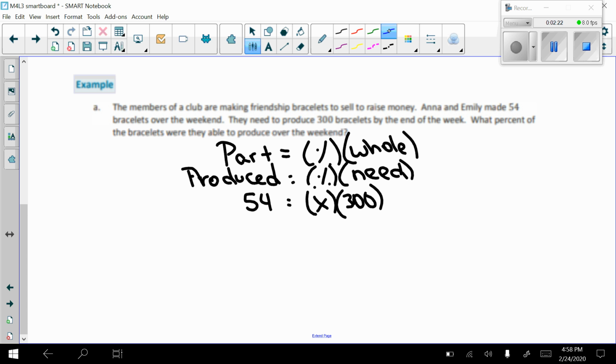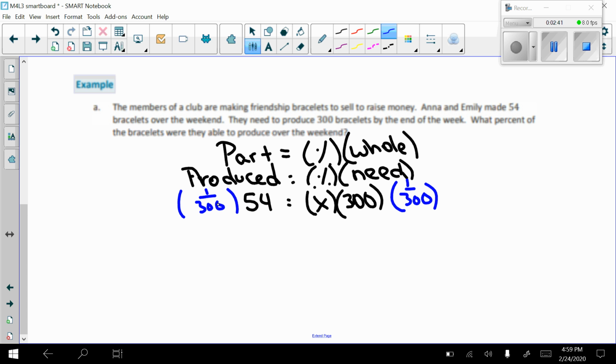Now, just like we've always solved equations, we multiply by the reciprocal of the coefficient. So 1 over 300. And we use the property of equality: what we do to one side, we do to the other.